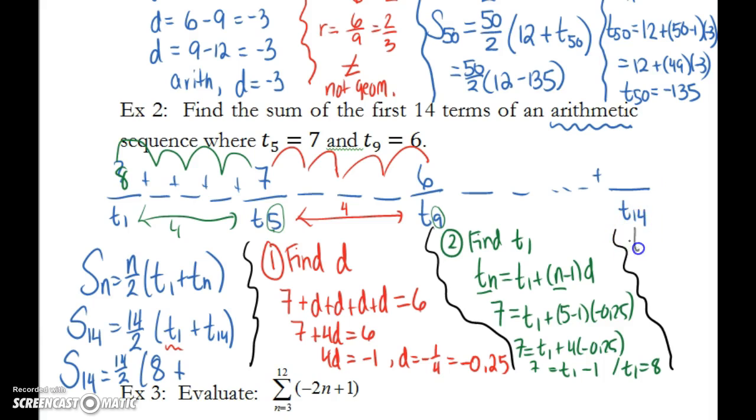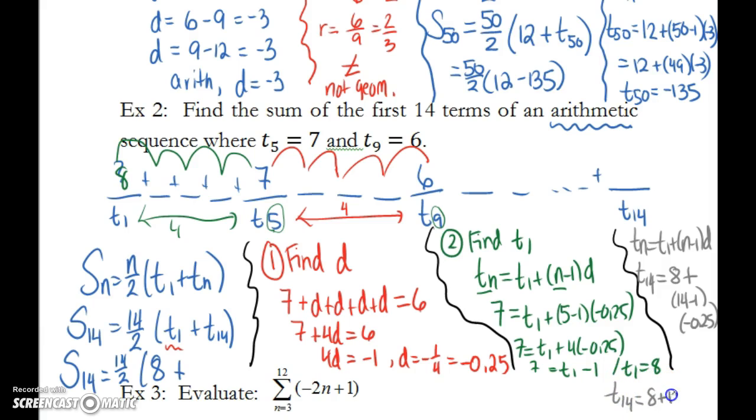Or you could use your formula for a term again. And we're finding T14. We know T1 is 8, n is 14, so 14 minus 1, and D is -0.25. Sorry that it's hard to read, but let's continue down here.